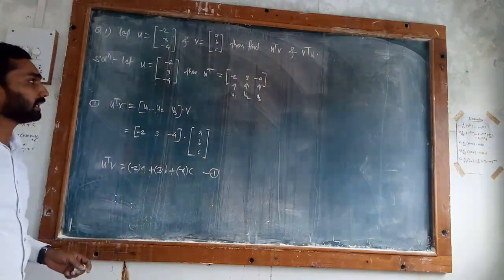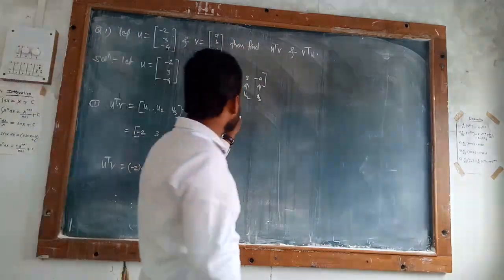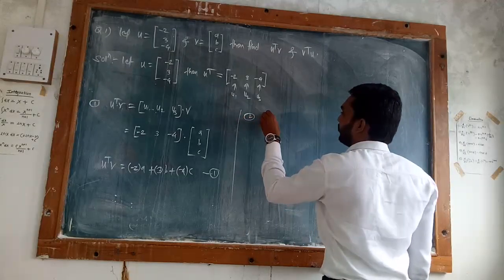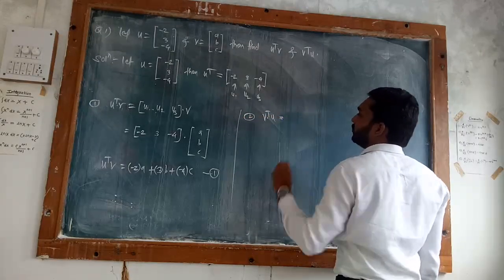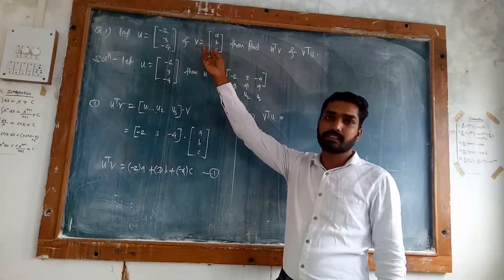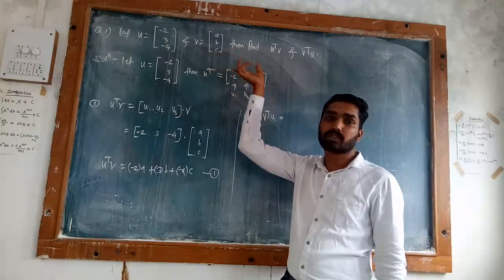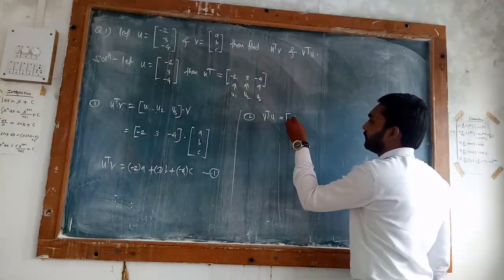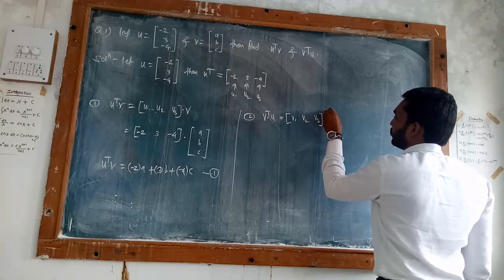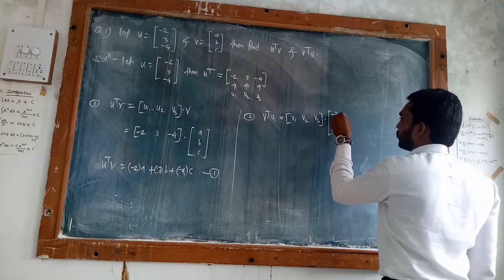Similarly we have to find v transpose u. Whatever v is, the column vector A, B, C, after taking its transpose it becomes a row vector, v1, v2, v3, multiplied by the u vector -2, 3, -4.